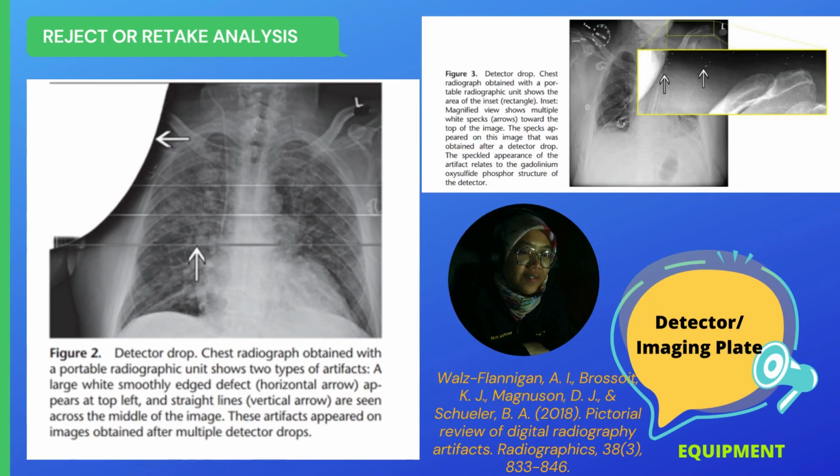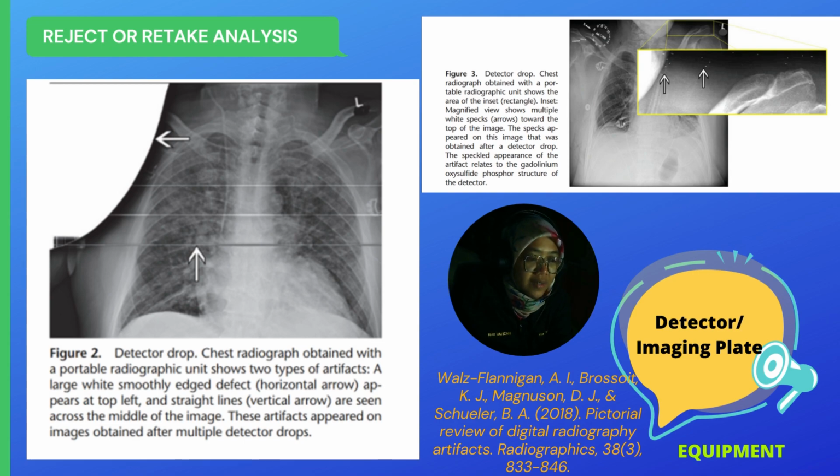Okay, this is an example of detector or imaging plate error. The first one, detector drop: chest radiograph obtained with a portable radiographic unit shows two types of artifact. A large white smoothly edged defect, horizontal arrow here, appears at top left, and a straight line, vertical arrow, is seen across the middle of the image.